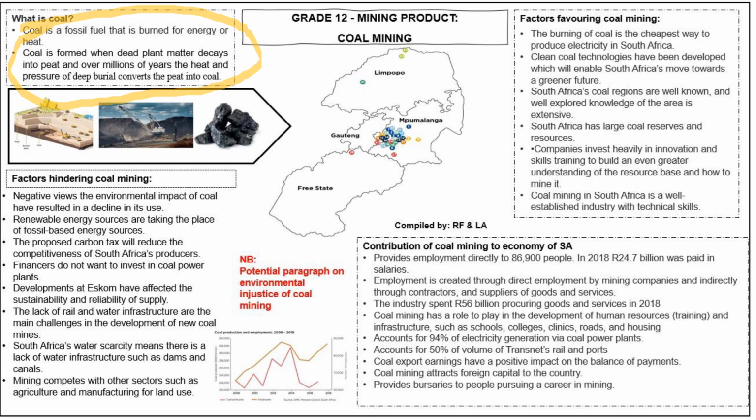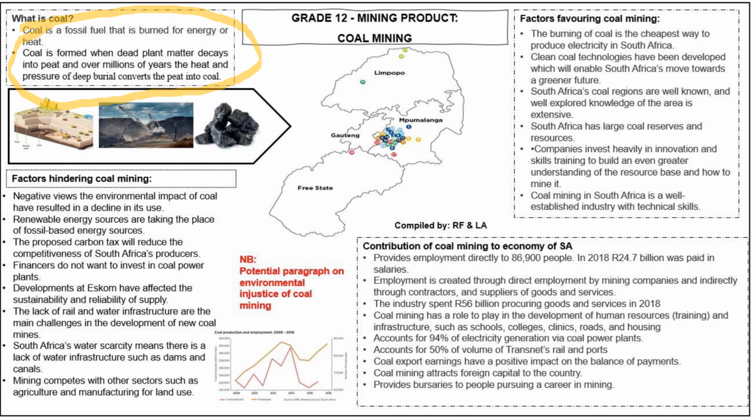Contribution of coal mining to the economy: it provides employment to 85,000, or is it 86? Sorry, I can't see clearly there now. Okay, but a lot of people. It contributes to a lot of people and billions of rands. Employment is created through direct employment by mining companies and indirectly through contractors and suppliers of goods and services.